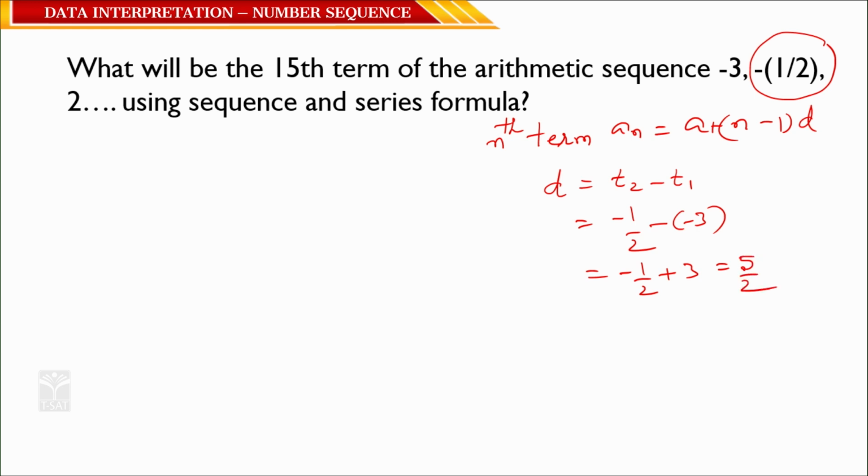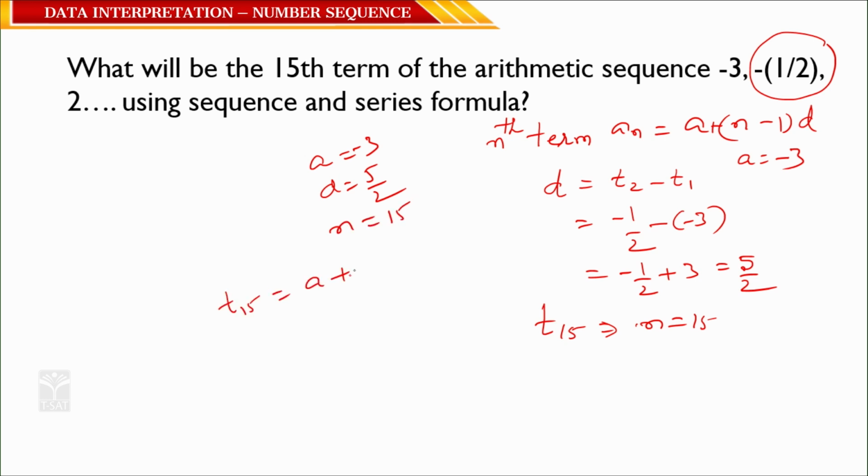Okay. So, we know the value of a, that is -3. We know the value of d, 5/2. What is required here? The 15th term, t15, is required, so n is equal to 15. We know all the information for the required formula. So, a is -3, d is 5/2, n is 15, and the formula is T15 = a + (n - 1)d.